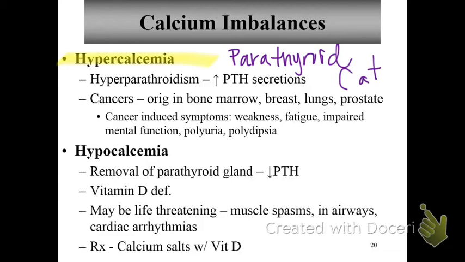Also, your vitamin D is going to regulate calcium absorption. But I'm sure you remember from the endocrine system lecture, calcitonin from the thyroid regulates calcium. That actually decreases it, and parathyroid is going to increase it. So parathyroid increases the amount of calcium absorbed.